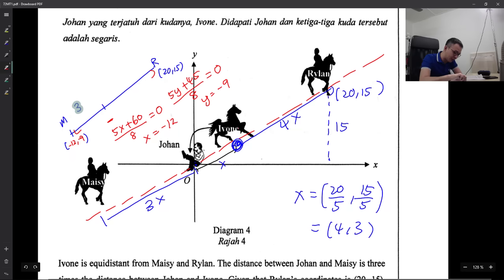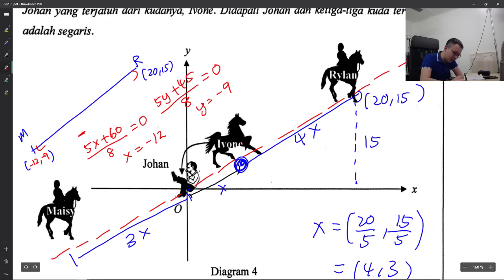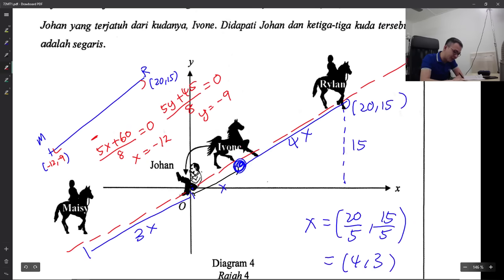Because right now, the I itself is the midpoint, right? So therefore, I will use the midpoint formula to get my I. So the midpoint formula, I'm going to call this one x, y now. It will be negative 12 plus 20 divided by 2, comma, and negative 9 plus 15 divided by 2.